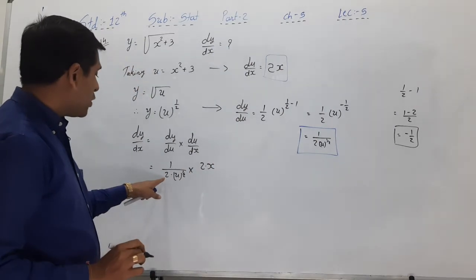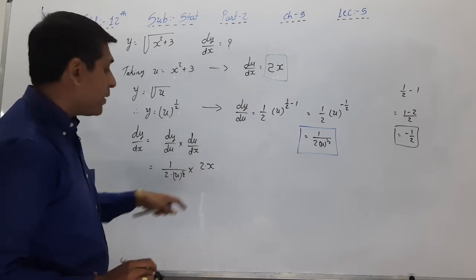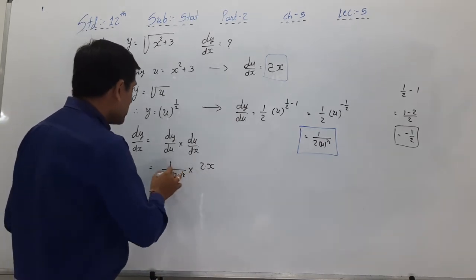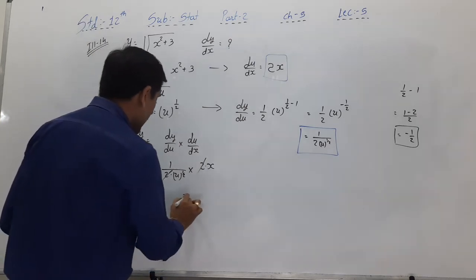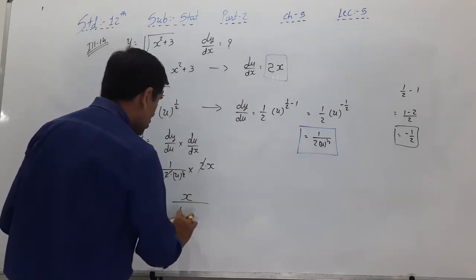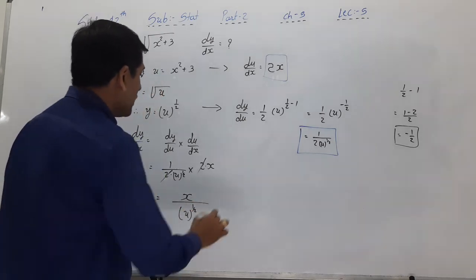Here 2 is in the denominator and 2 is in the numerator, so we can cancel the 2. The final answer is x divided by u raised to 1 by 2, and putting in the value of u.